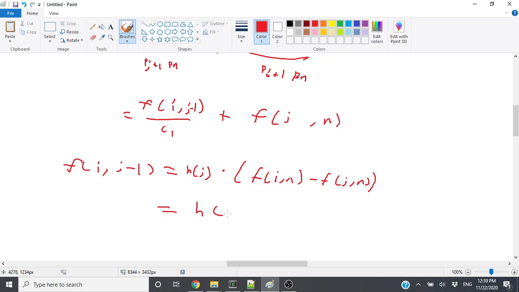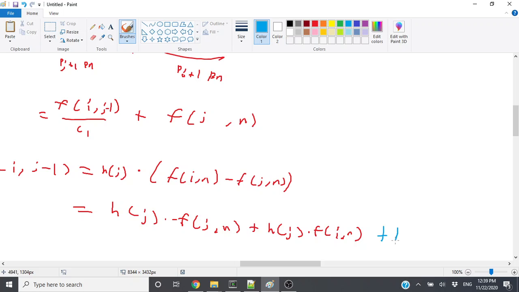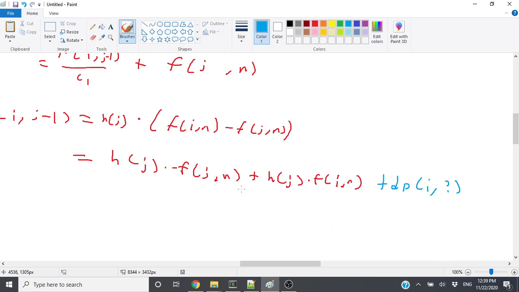So we get h of j times negative f of jn, which is again a constant for a given j, plus h of j times f of in. And then if we're solving for a dp value, then we would also add on something like dp of i something. Constant, constant, linear. This is a value of x. Therefore, we can do convex hull trick.